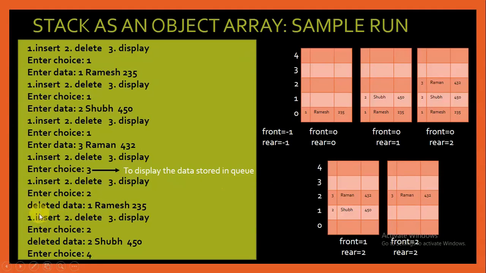Again the menu will be displayed, and if I input the choice 2, this is the front of the queue now, so this element will be deleted from the queue, and I will have front equal to 2 and rear equal to 2, and only one element is there in the queue now. In this case both front and rear are the same. If I enter choice 4, suppose this is not 1, 2, 3, then it will exit from the program.